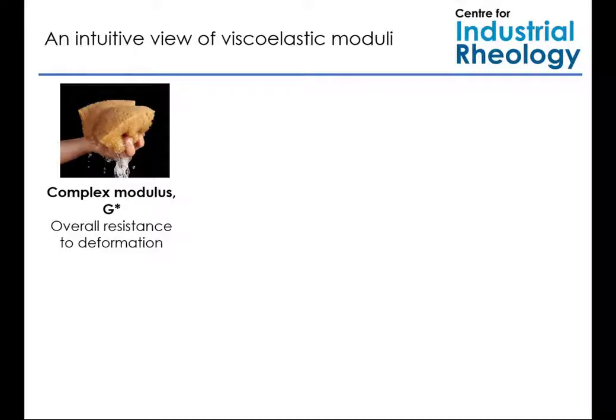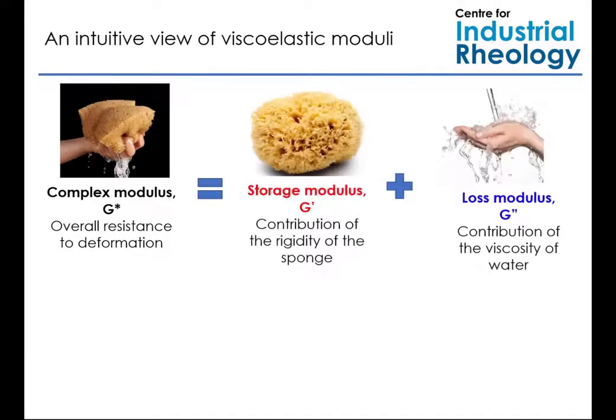I want you to imagine squeezing a wet sponge. The overall resistance you encounter in squeezing the wet sponge can be thought of as the complex modulus, G star, the overall resistance to deformation. The resistance to being squeezed is going to come from a combination of the rigidity of the sponge, which you can think of as the storage modulus, and the contribution of the viscosity of the water, the loss modulus.